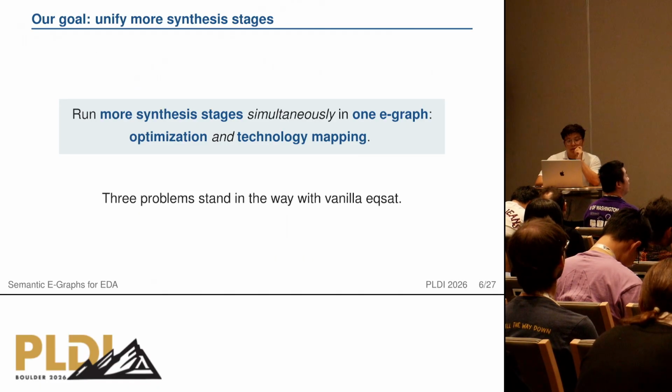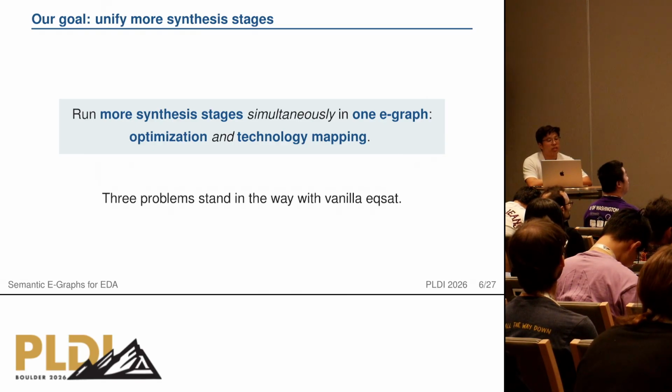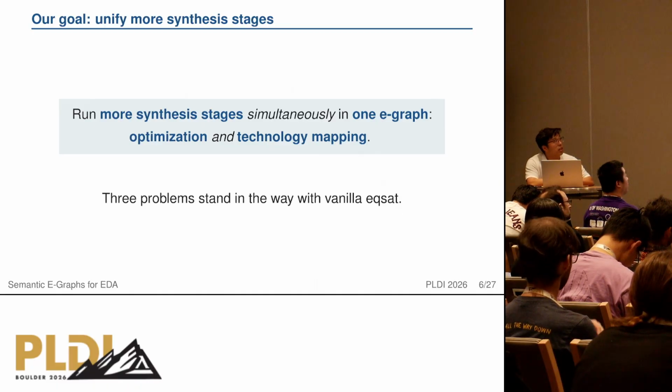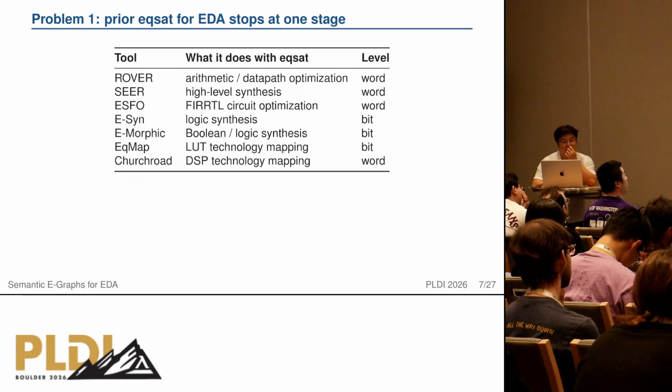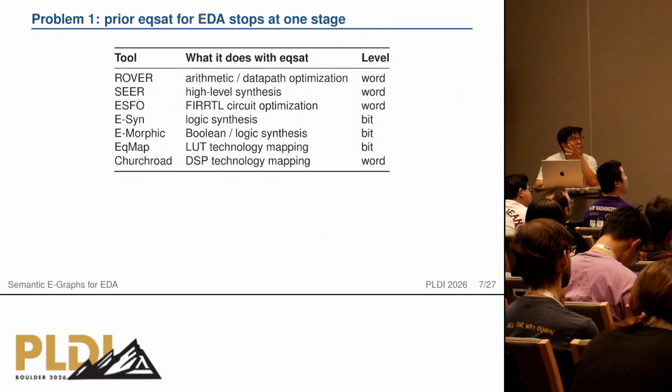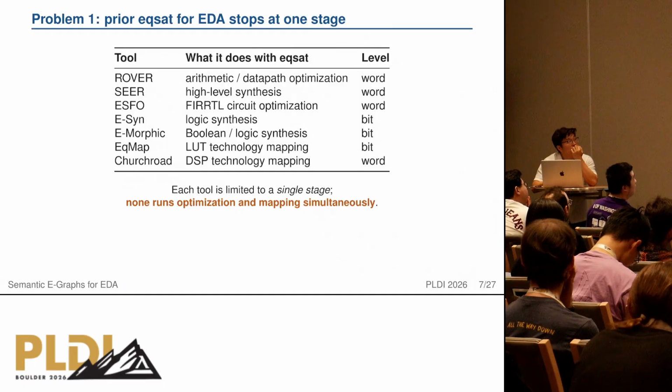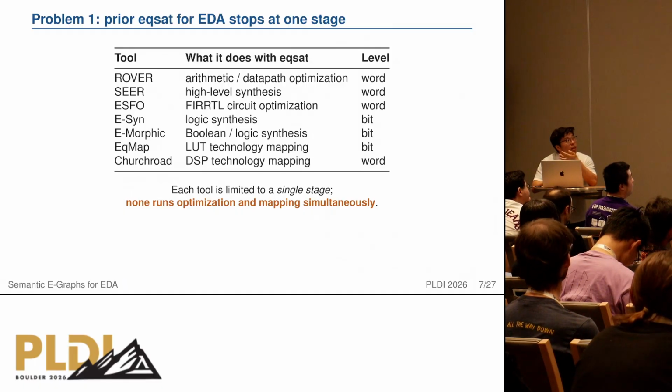Our goal is to run more synthesis stages simultaneously in one e-graph, but there are some problems that make it not that straightforward. The first thing is that there is a large spectrum of previous eqsat work, including Rover, Seer, eSing, and all these tools are limited to a single stage.